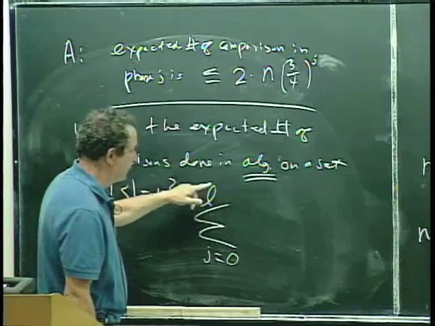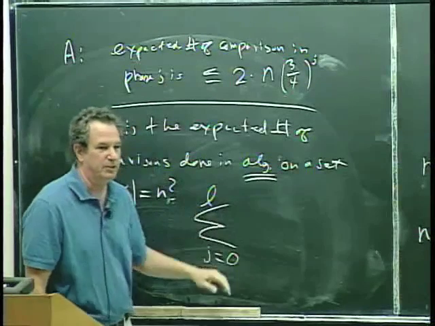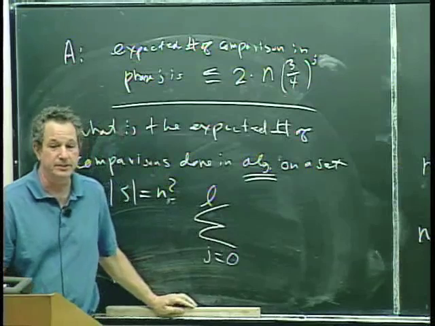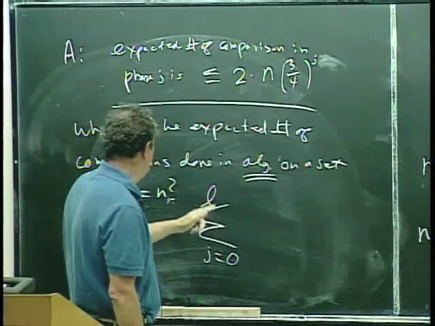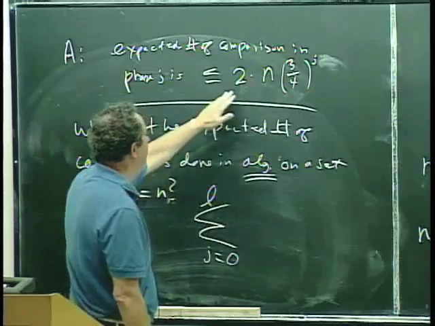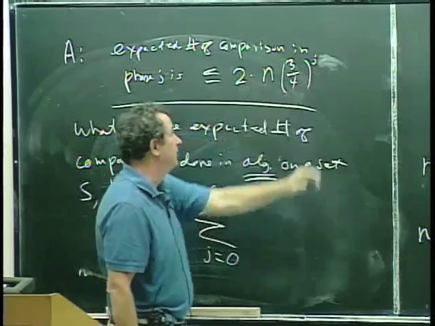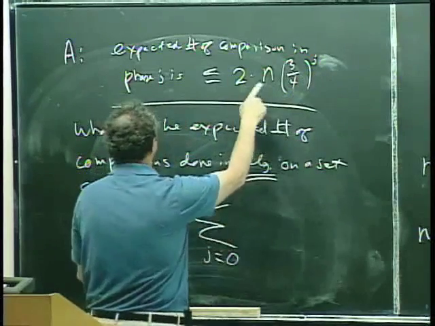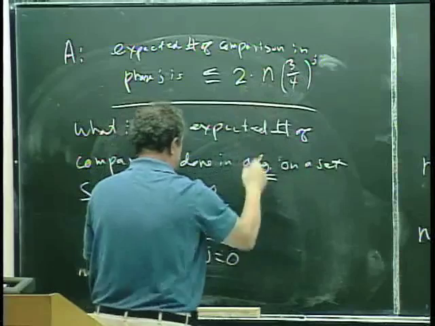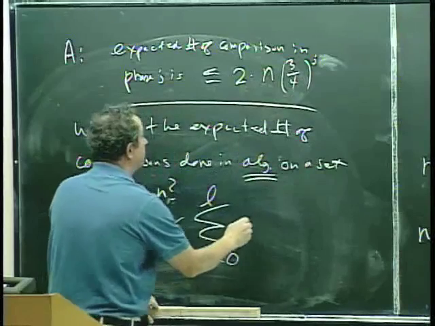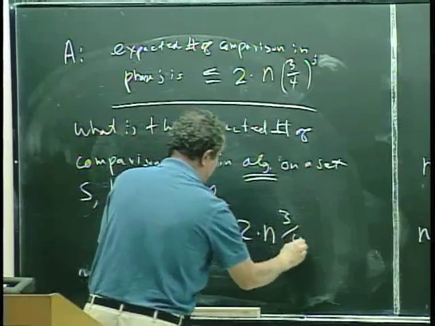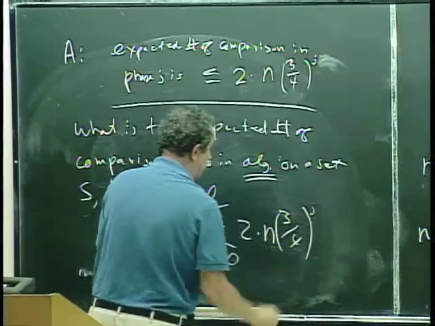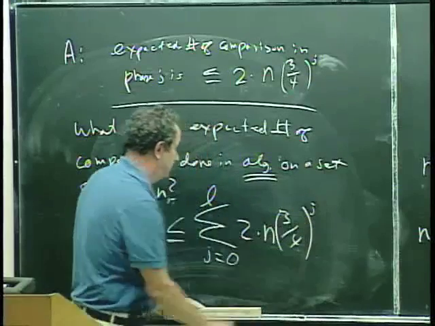But anyway, there's some number of phases, which is the largest possible number of phases. And in each phase j, we know that the expected number of comparisons is less than or equal to 2n times 3/4 raised to the j.